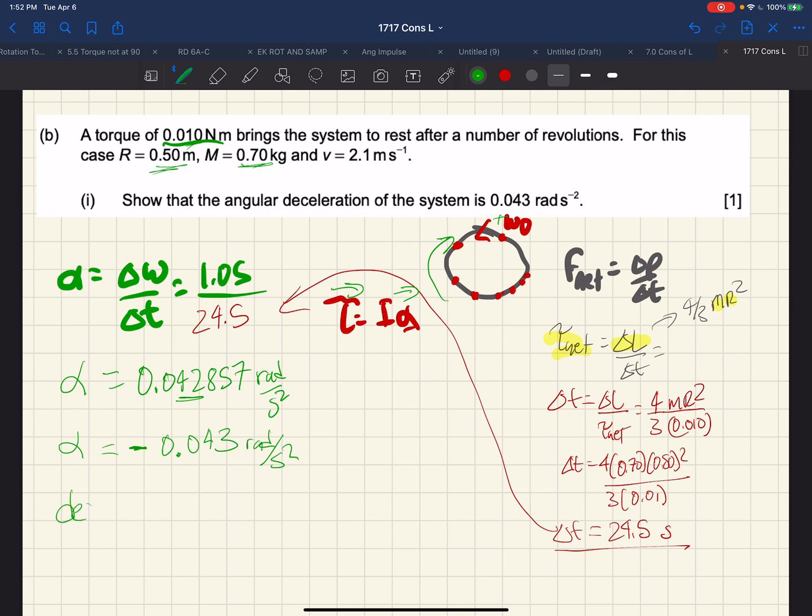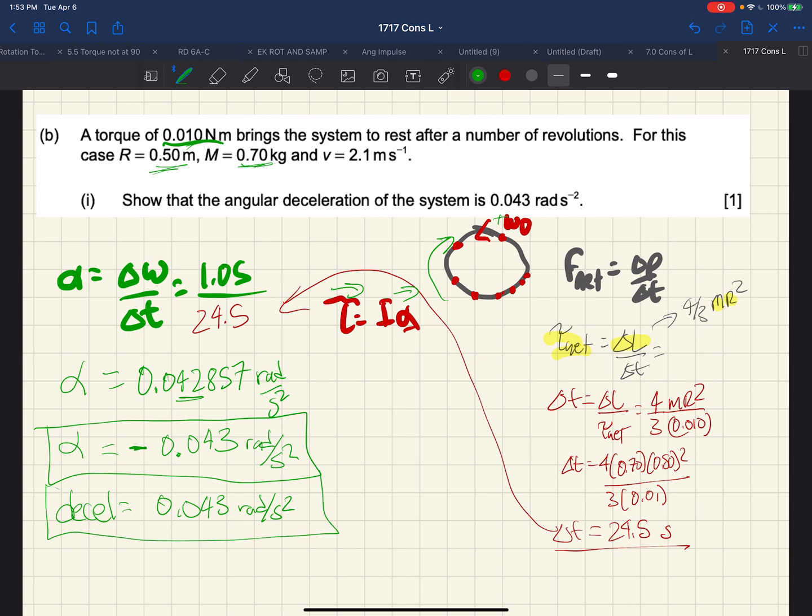The deceleration they're asking for then would be 0.043 radians per second squared. I kind of don't like this, and this is why I always just talk about acceleration rather than deceleration. And you can, of course, be smarter and show that you know both of these. So that's part B one.